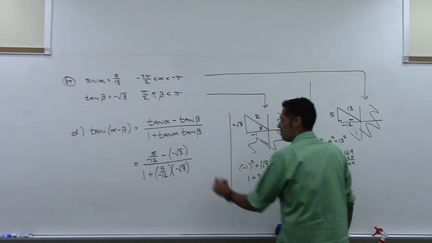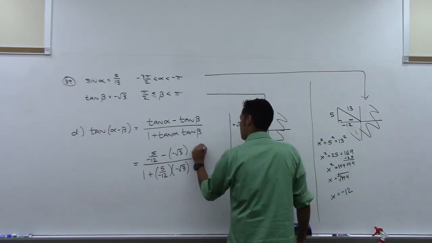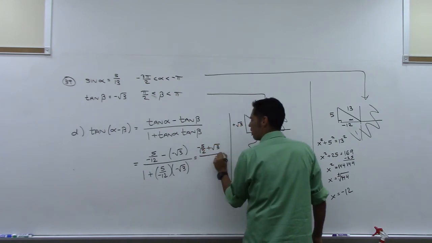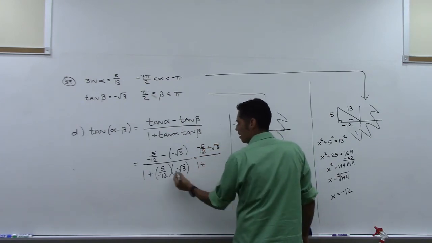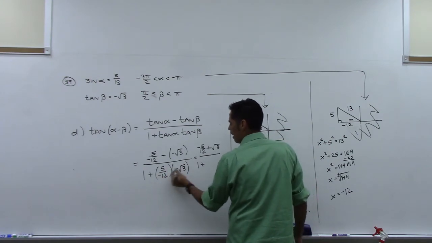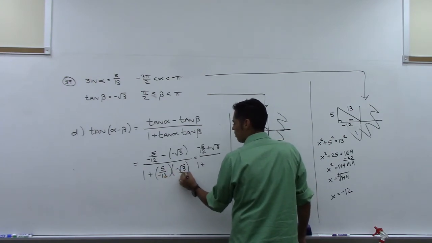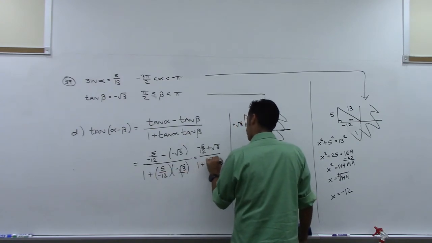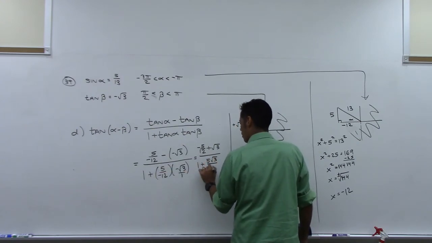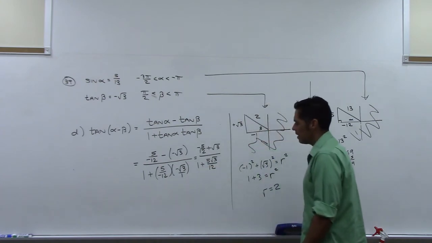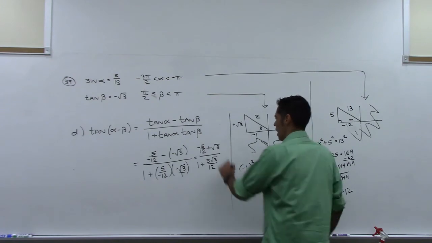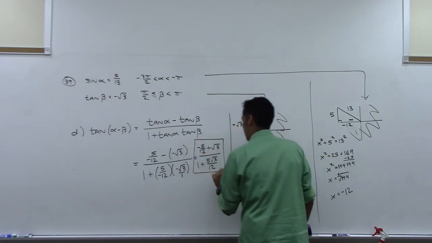So cleaning this up a little bit, we get negative 5/12 plus root 3 over 1 plus, when I multiply these together, the negative and negative become positive, and this is really like over a 1, so we just go across. So we just get 5 root 3 over 12. And then I guess the last thing you could do is you could multiply the top and the bottom by 12, but I mean, I would accept this just like this.